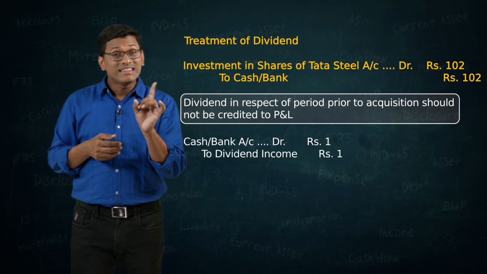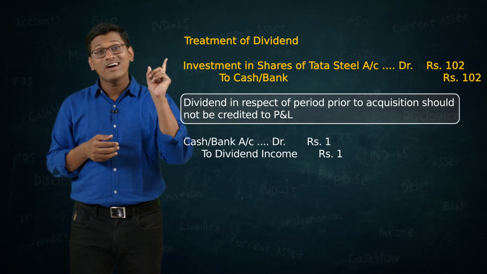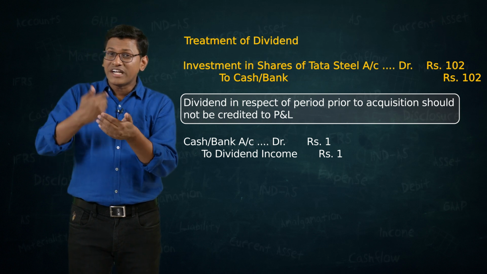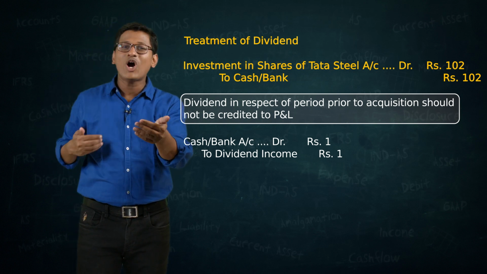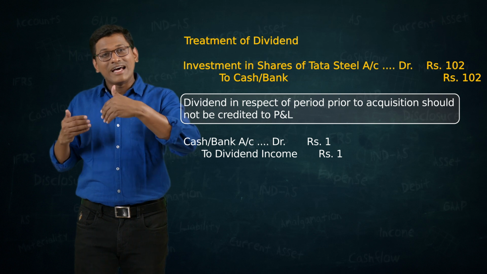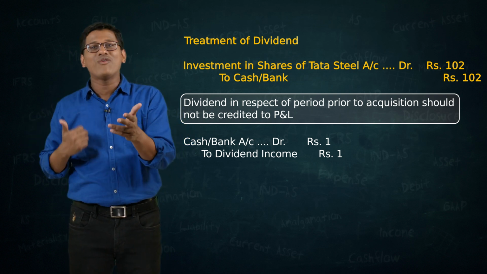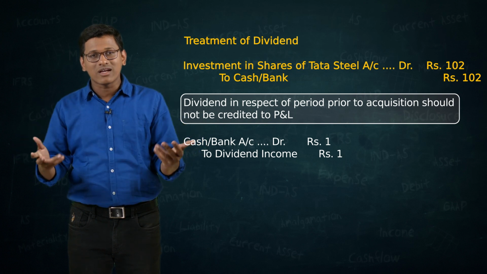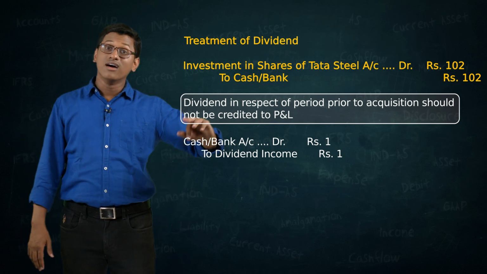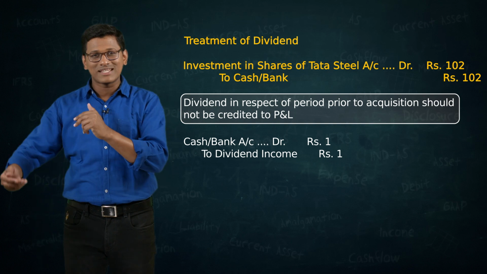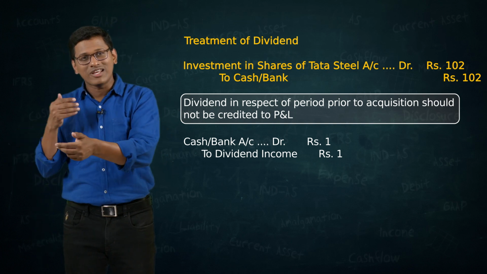But listen, this dividend income is not earned by us. It should be treated more like recovery of capital than return on investment. Out of 102, you recovered 1 rupee, rather than saying I invested 102 and earned 1 rupee on that. No, it is not return on investment. It is basically recovery of investment.